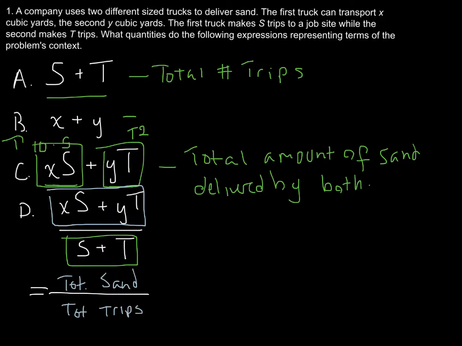So what do you get when you divide the total amount of sand that can be brought by the total number of trips that you're taking? Well, what you end up with is the average amount of sand per trip.